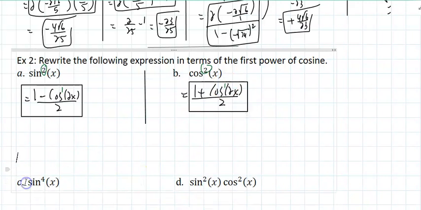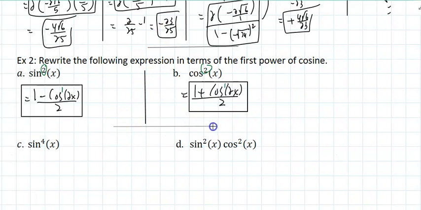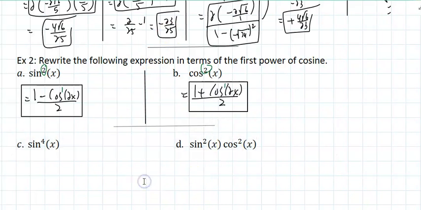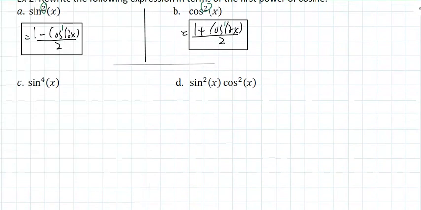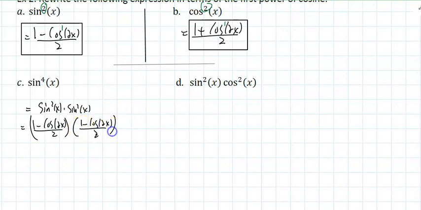Now, what if I'm looking at C? I would say two ways of doing this. Either I'm going to say this is the sine squared of x times the sine squared of x, or the sine squared of x quantity squared. This is 1 minus the cosine of double that angle divided by 2, and this is 1 minus the cosine of double that angle divided by 2.